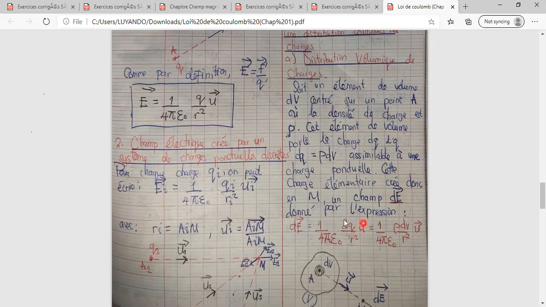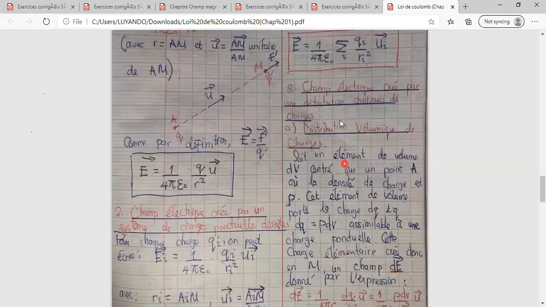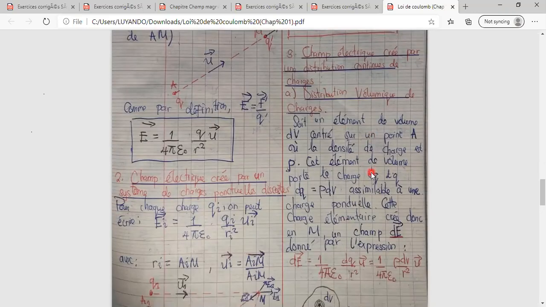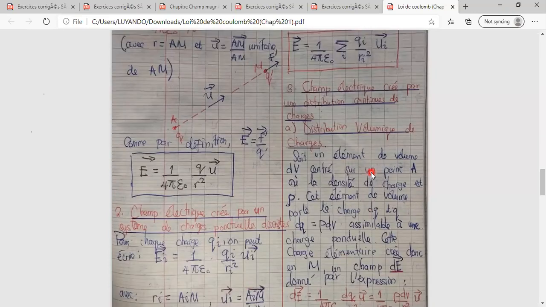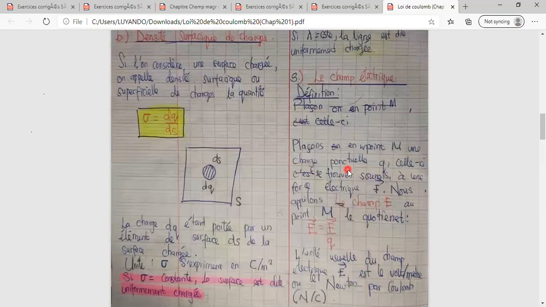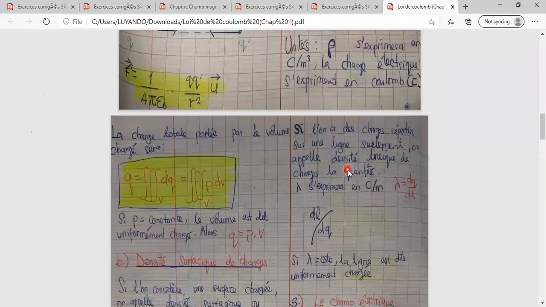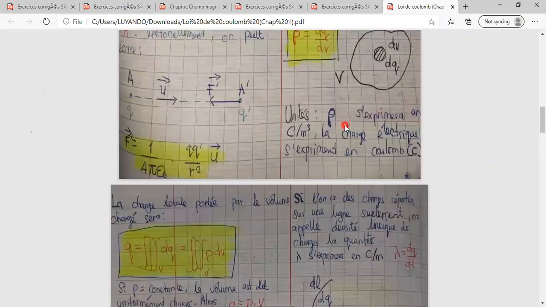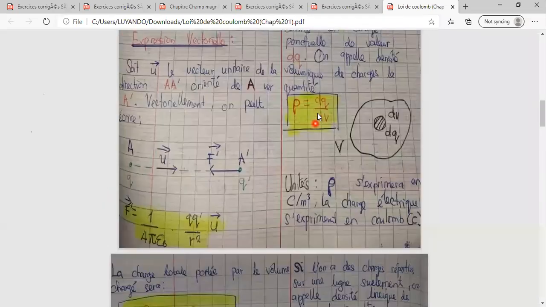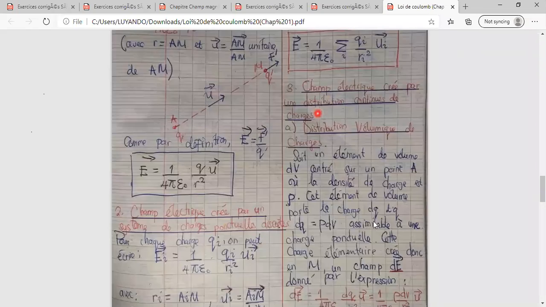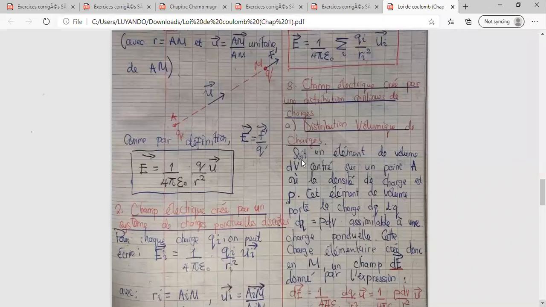And then we know our dQ. We're trying to find the electric field for a distribution volumique de charge. We have our expression for it, and when you make dQ the subject of the formula, we have dQ equal to rho dV.